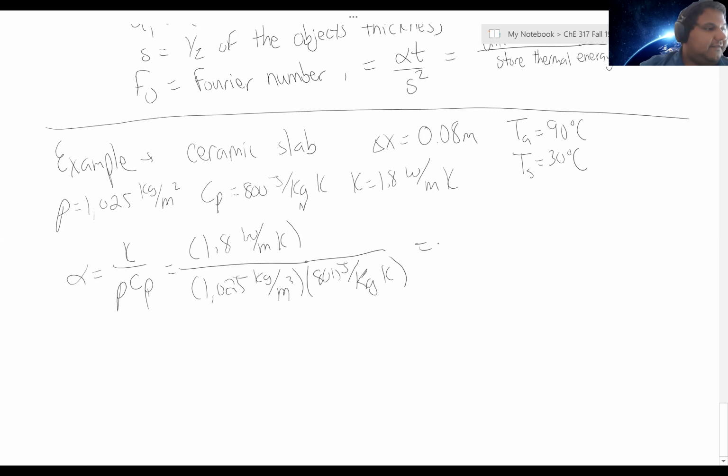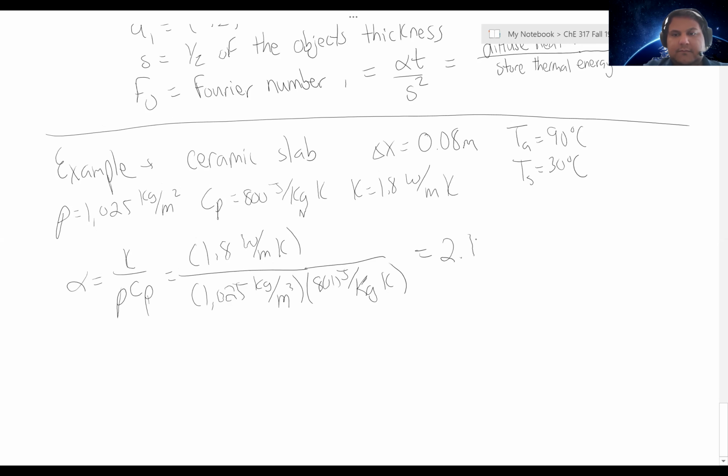We do that, we get a value of approximately 2.14 times 10 to the minus 6, with the units being meter squared per second.